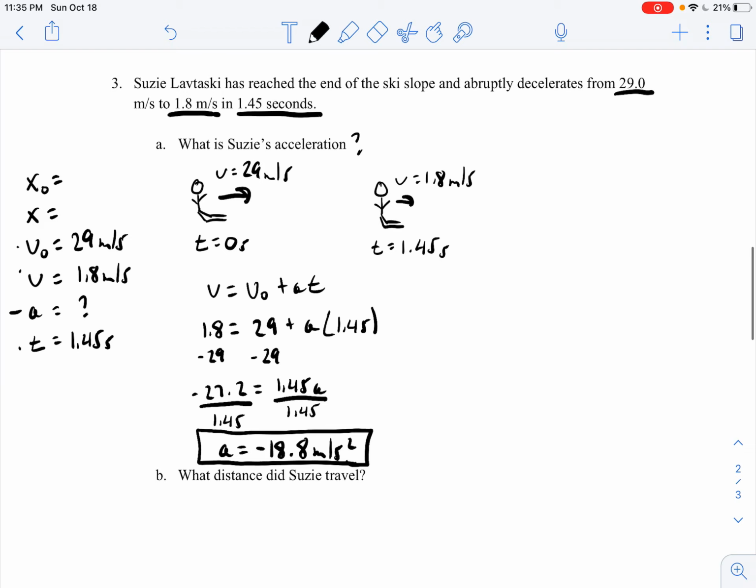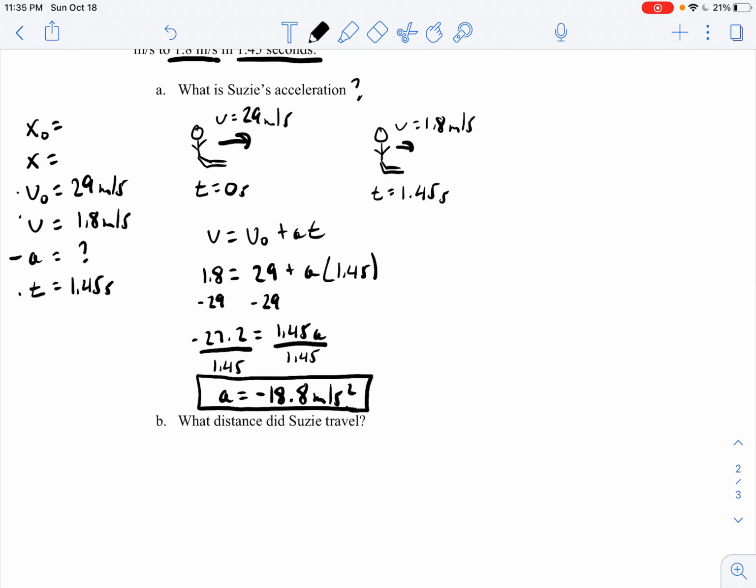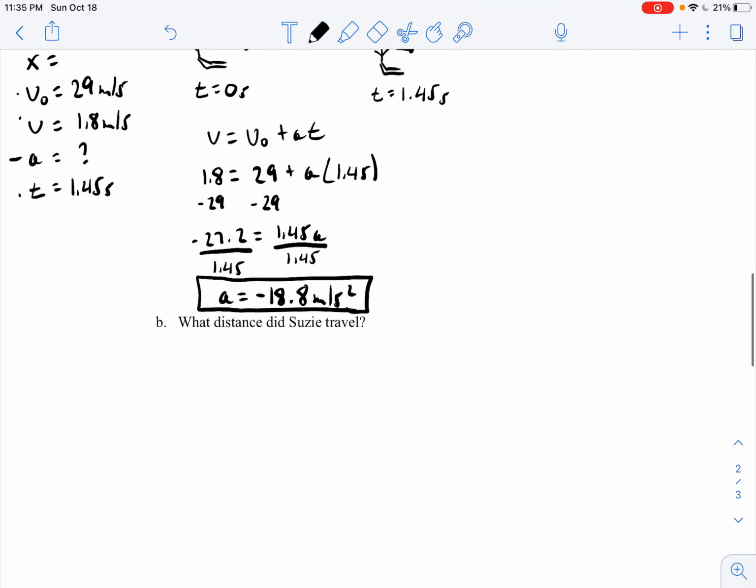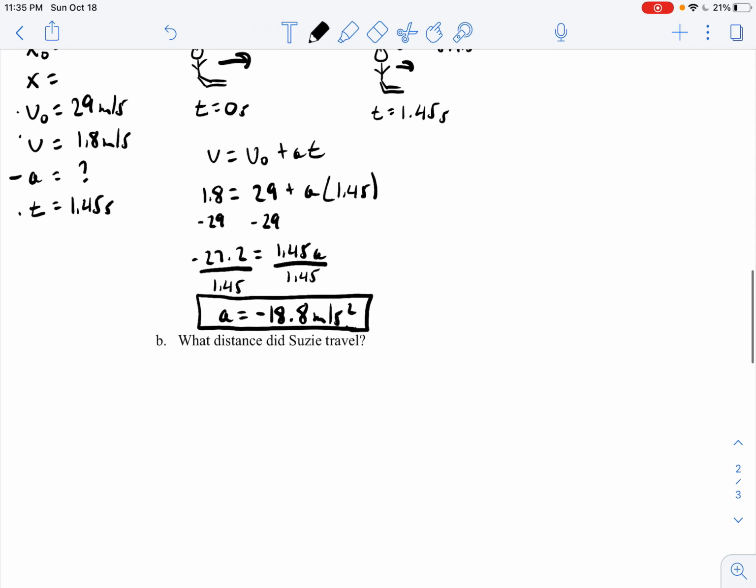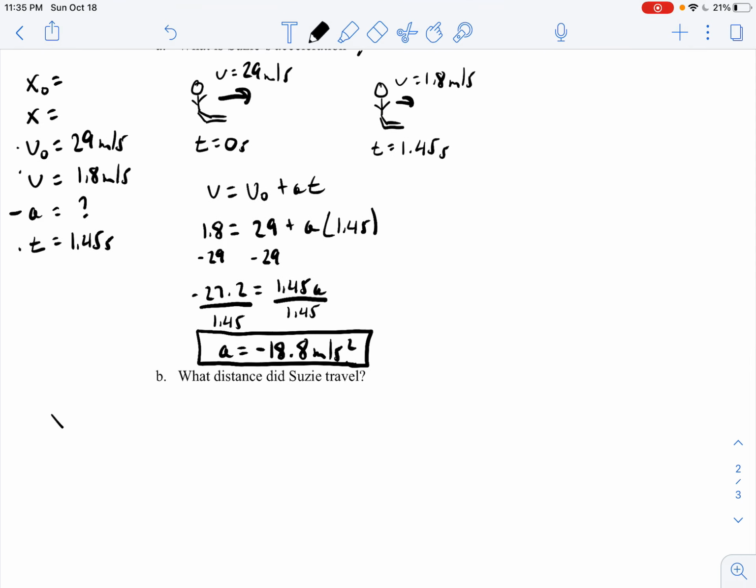Now, what part B of our question is asking is, what distance have we traveled? So what we're going to say is, again, same exact situation here. So we're going to recopy down our chart here of the different values we know.